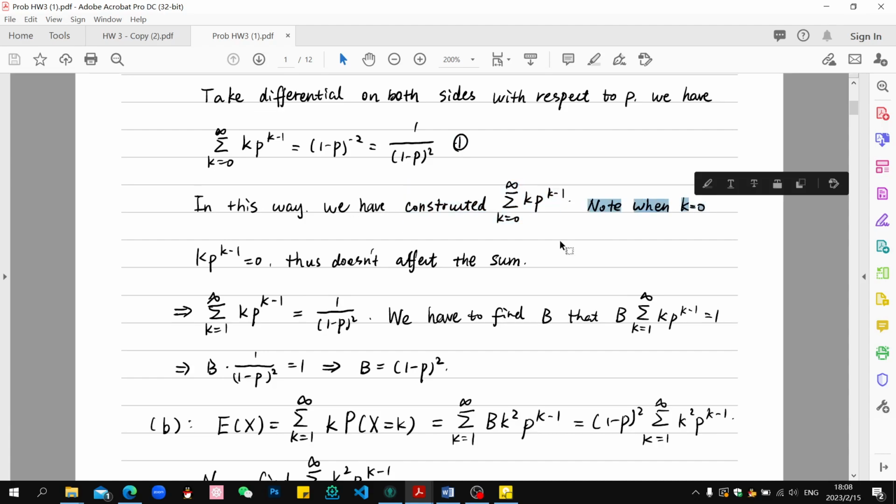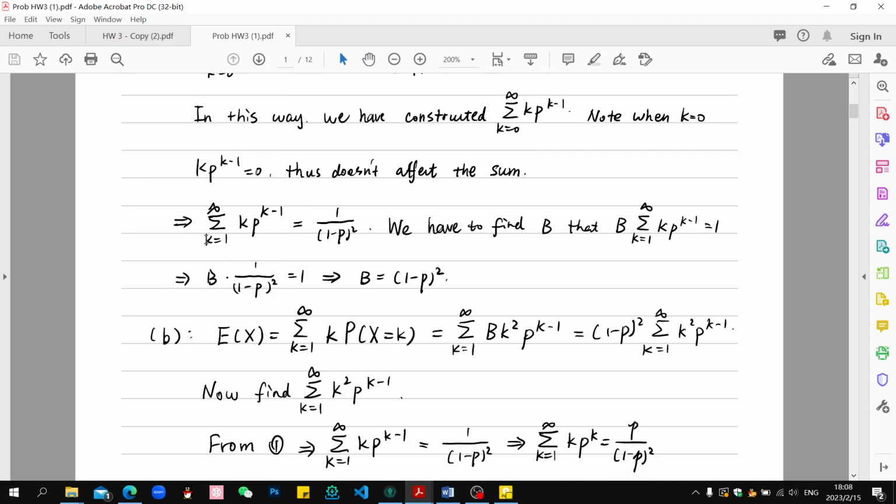Note when k equals 0, this term is 0, so it doesn't affect the sum. We can alter the lower limit here to 1, and the result remains the same. We have to find b so that this sum is 1. So we know that b is (1 minus p) squared.